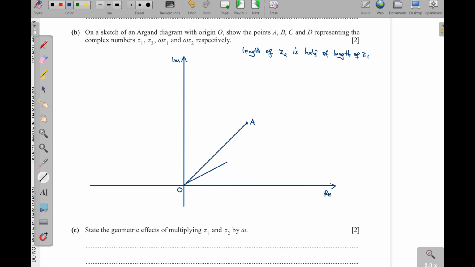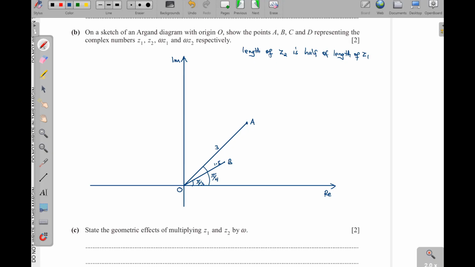But it has to be a half. So I'll estimate, where do you think a half is? Maybe somewhere there. But then I put it at 30 degrees. It's an approximate. Okay. So this one is 1.5 units. This one is 3 units. This one is pi over 3. This one here is pi over 4. So this is point B.